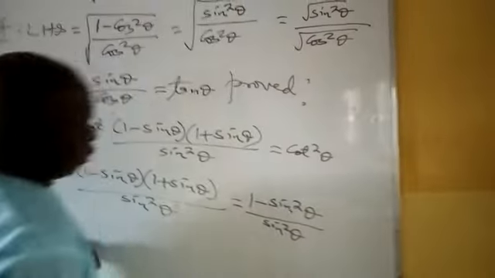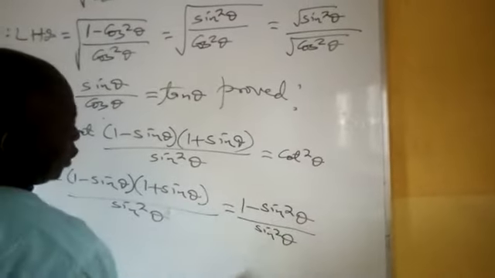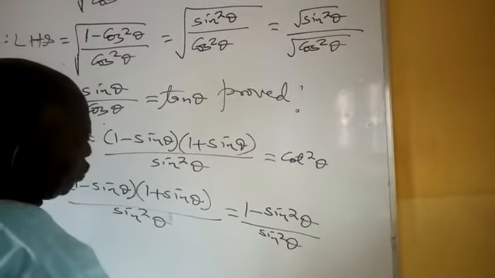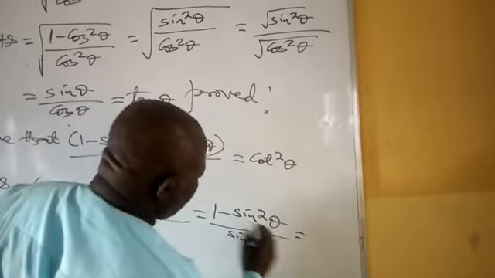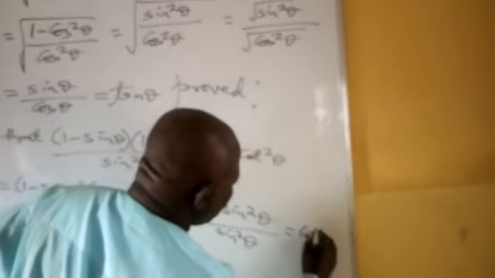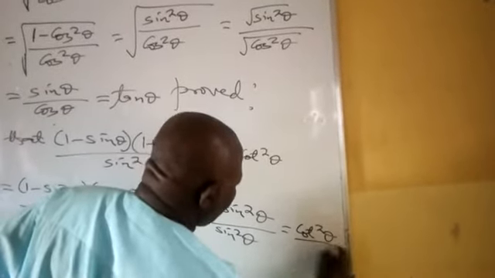But 1 minus sin square theta is the same thing as cos square theta. Yes? So this is cos square theta over sin square theta, and that is the same thing as cot square theta.